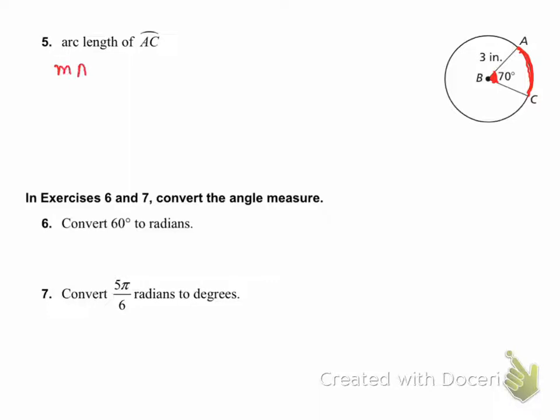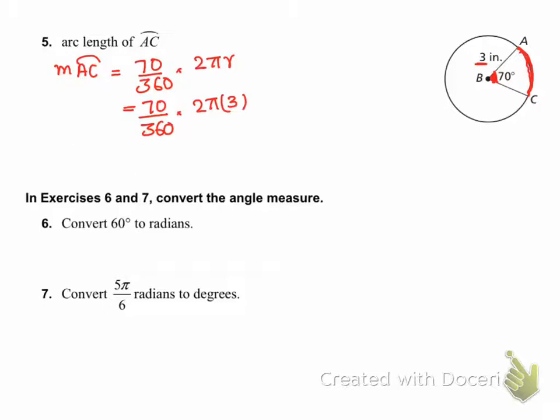The measure of arc length AC, that's what? Just write down the fraction of the angle, 70 out of 360, times the whole circumference. If it is asking about arc length, the circumference is 2 pi r. Now plug it in: 70 over 360 times 2 pi r, where the radius is given as 3 inches. You can cross cancel here.